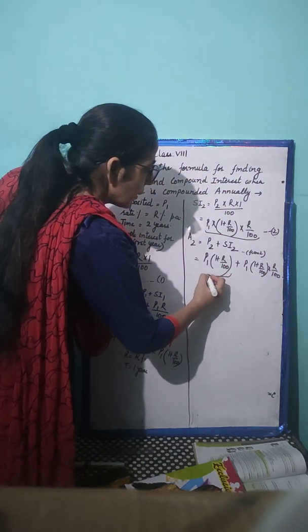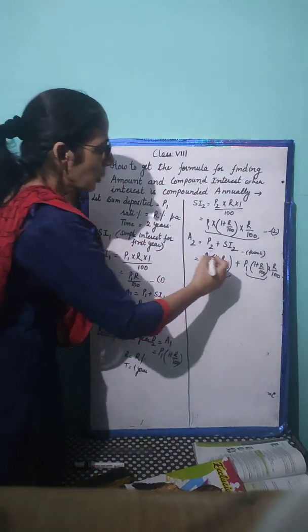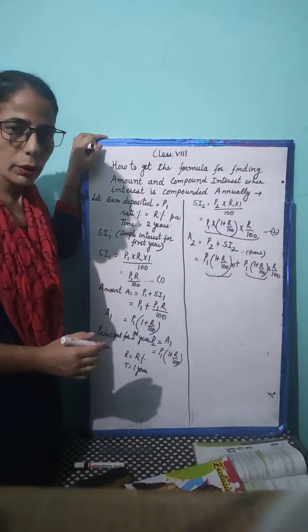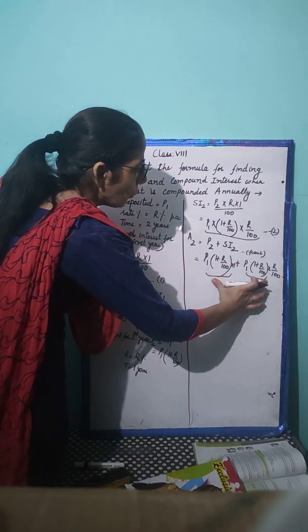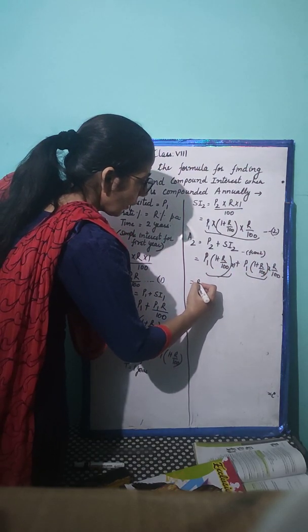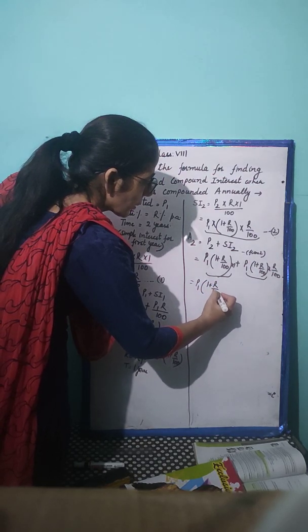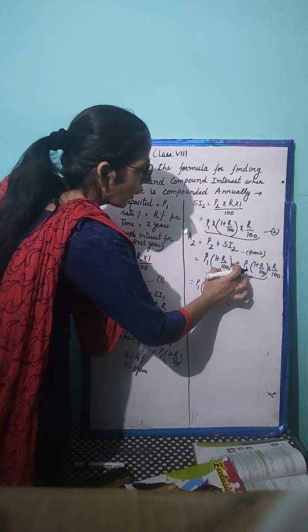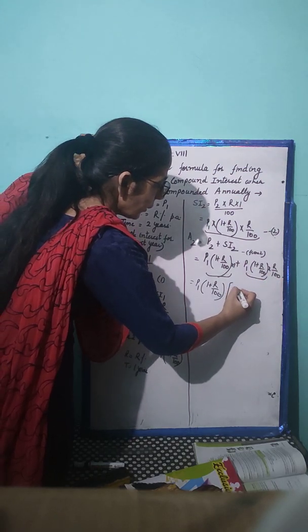In this and this, the same thing is common. I can put a 1 here also; if anything is not there, I can multiply with 1. So in both of them, P1 into 1 plus R by 100 is common. What is left inside? 1 plus R by 100.